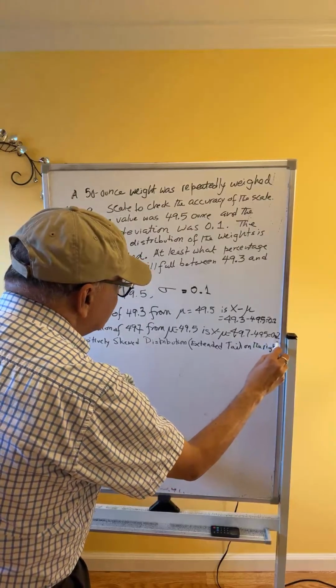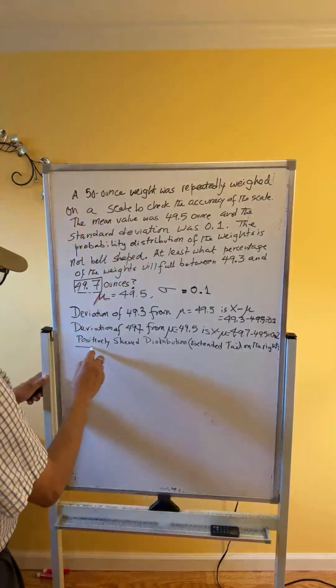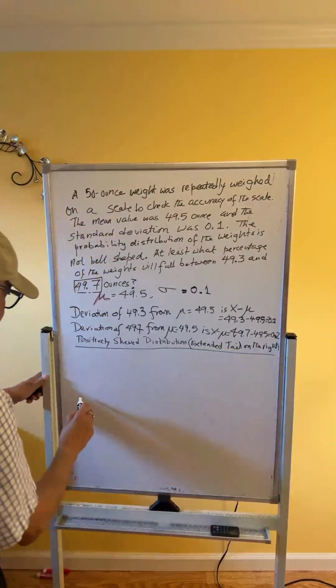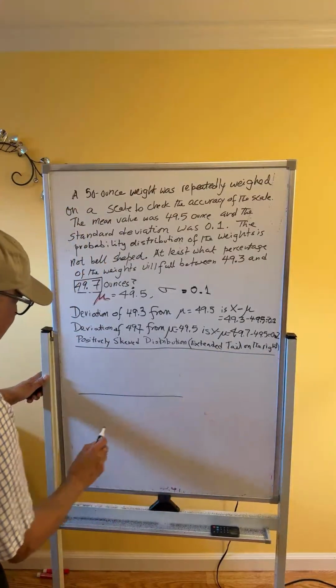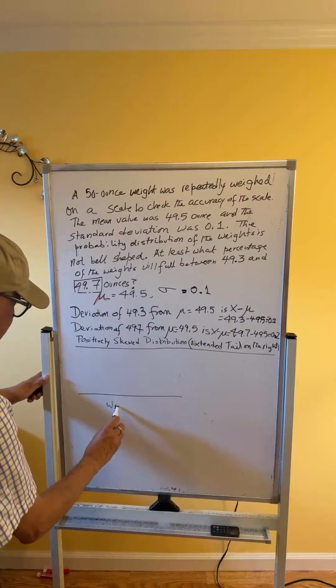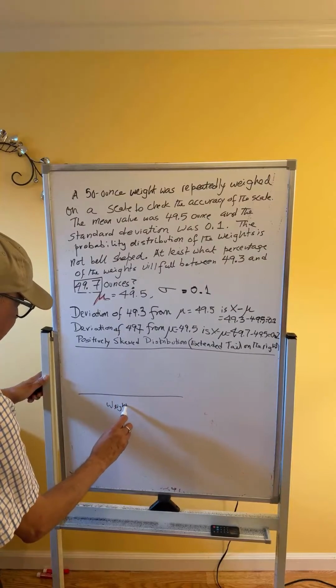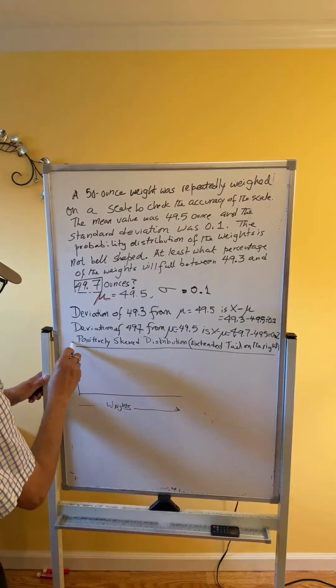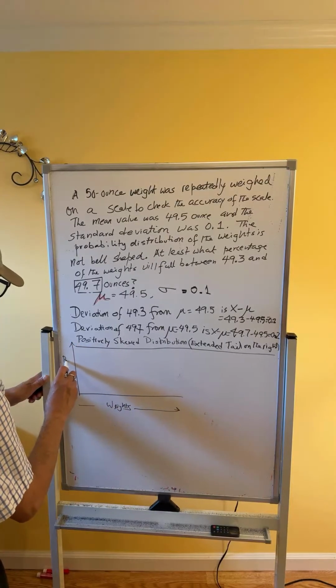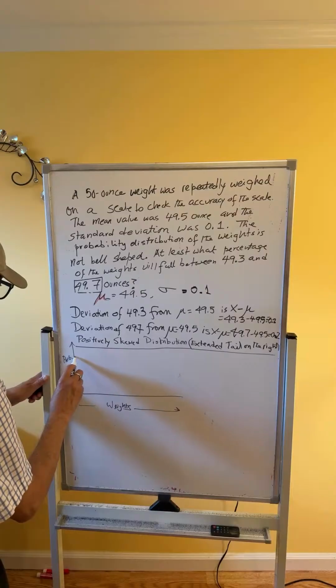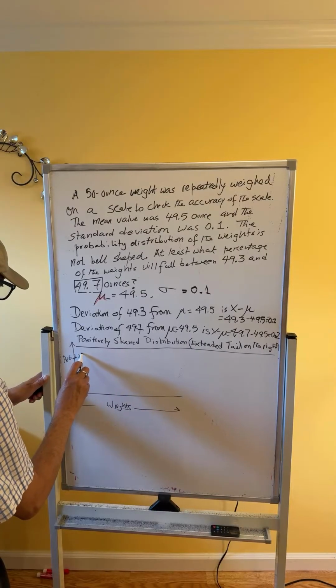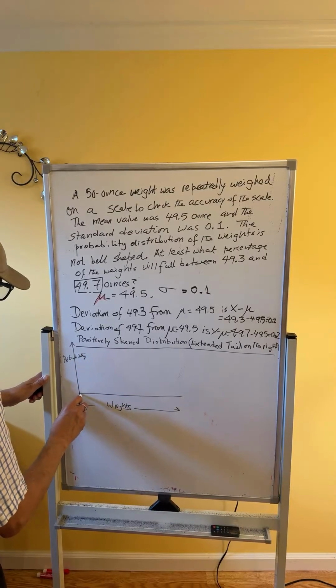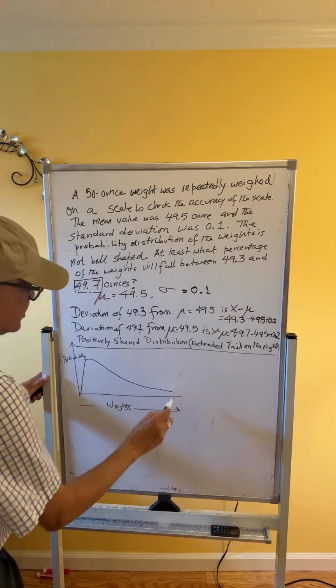So this distribution will look like this. You have the weights on the horizontal axis and the probability on the vertical axis, and we are drawing the probability density curve. It will look like this, with an extended tail.